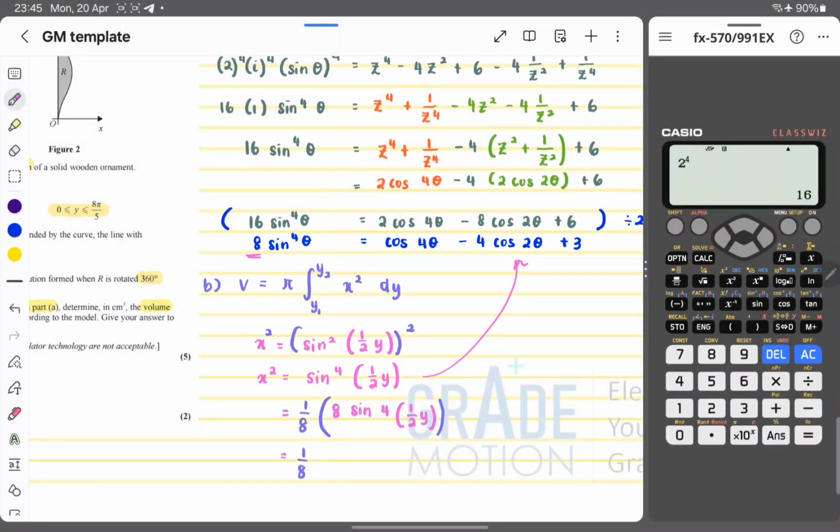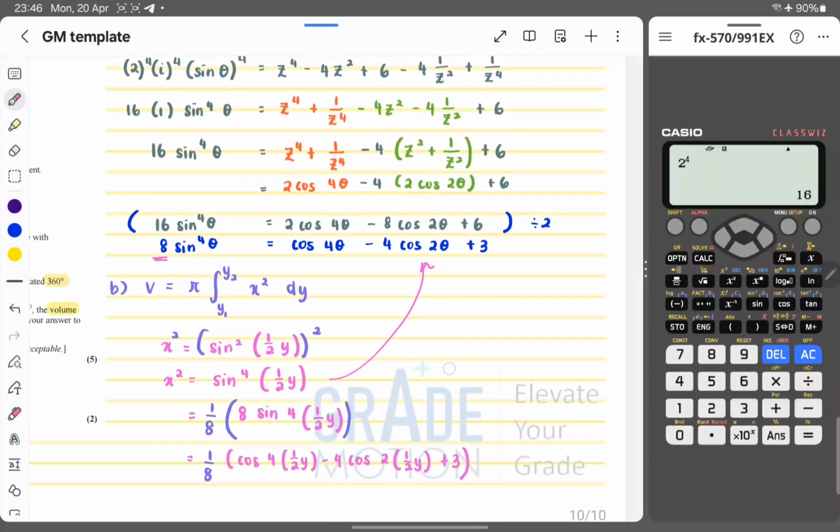So we'll get 1 over 8 here. And then let's substitute what we have in part A. So here would be cos 4 theta. But in this case, it's not theta, it's half y. Minus 4 cos 2 theta, so 2 times half y, plus 3, close bracket.